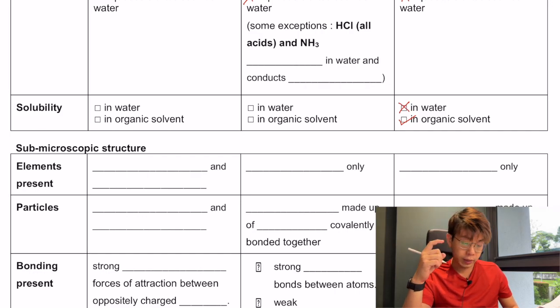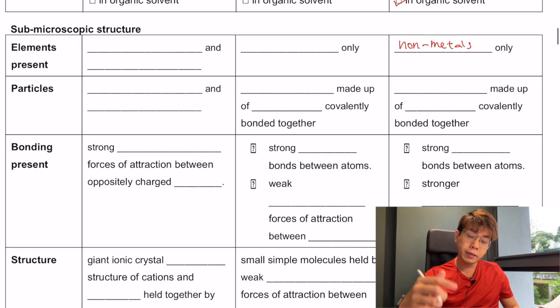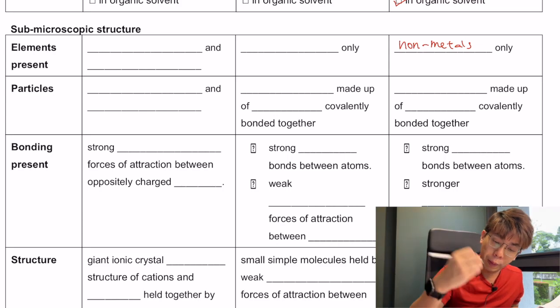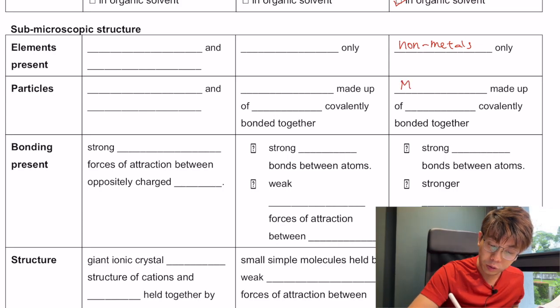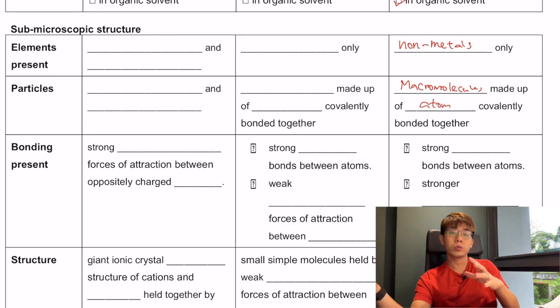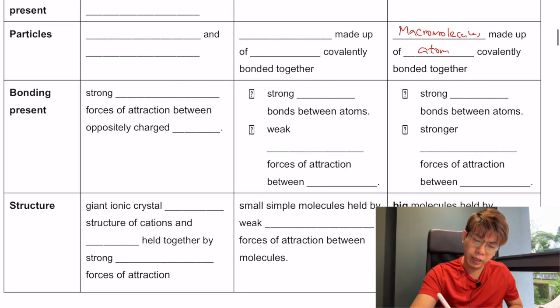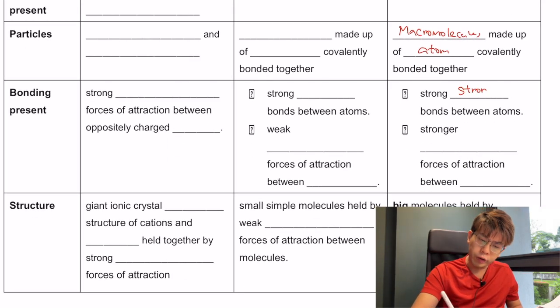So what are the particles, or elements, that are present first? Again, they are molecules, so they are made up of mainly non-metals. And the particles are actually big molecules. So they are macromolecules, big molecules. They are made up of atoms that are covalently bonded together. So very similar to a covalent molecule. And the bonding is also very similar. There are very strong covalent bonds between the atoms.